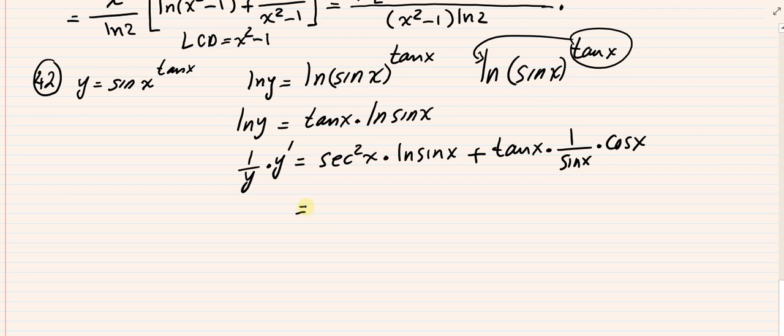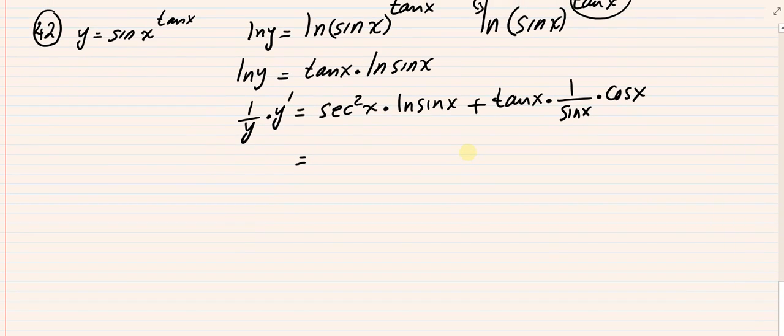Okay, so this is going to become, let's see, cosine over sine, that's cotangent. So this is actually the identity tan x times cotan x, which is 1. Oh, good, so that's just 1.